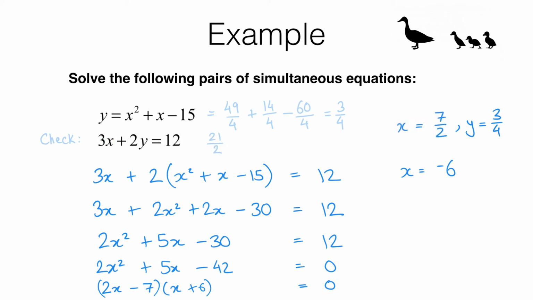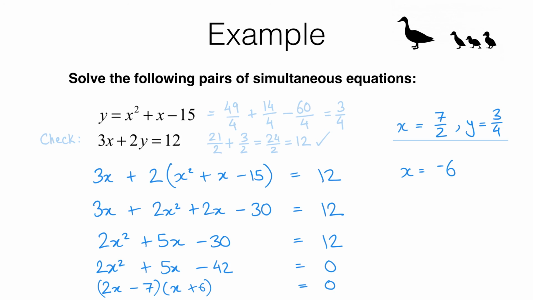Then we're going to add 2y. So 2 lots of 3/4 is 6/4, which simplifies to 3 over 2. And when we add those together, we get 21 over 2 plus 3 over 2, which is 24 over 2. And 24 over 2 is the same as 24 divided by 2, which equals 12. So we do get 12 on the right hand side. So this is a correct solution set.